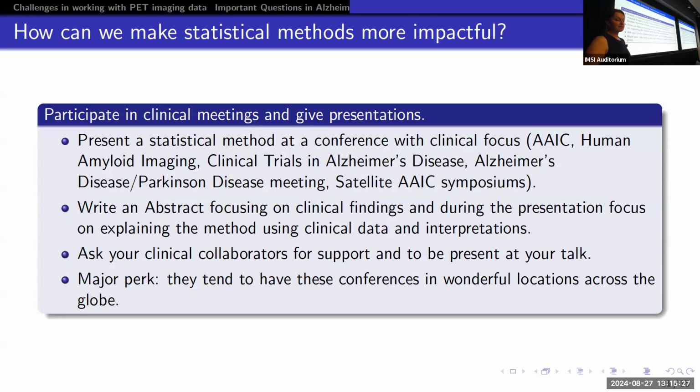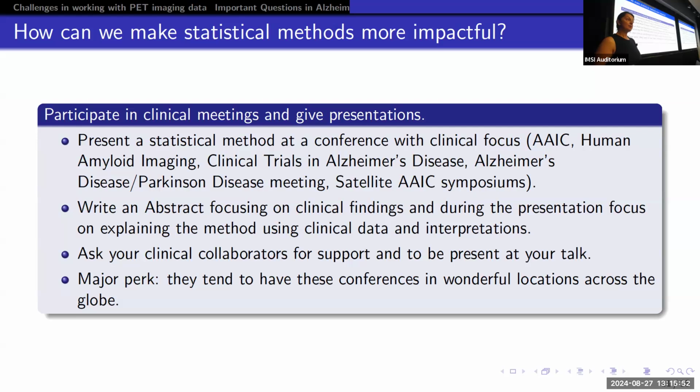So how can we make statistical methods more impactful? Again, this is my perspective. One thing I've learned is that participating in clinical meetings and giving presentations is very efficient. Be a presenter at a conference with clinical focus, right? From an Alzheimer's disease perspective, AAIC, Human Amyloid Imaging, Clinical Trials in Alzheimer's Disease, the AD/PD and satellite AAIC symposium.